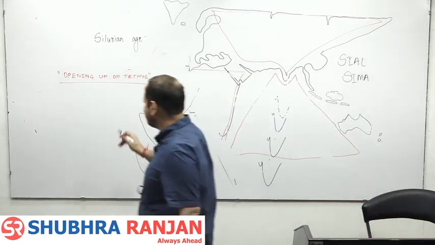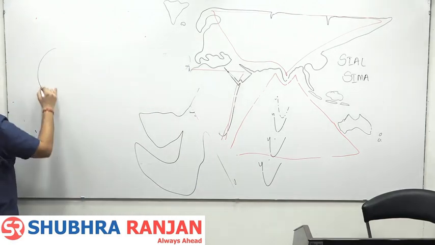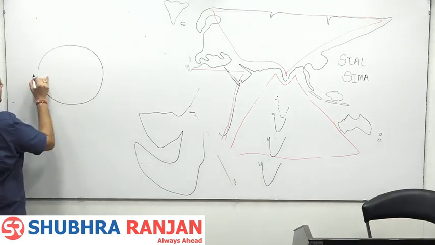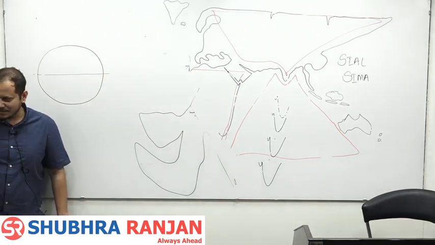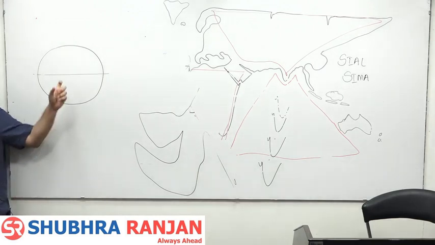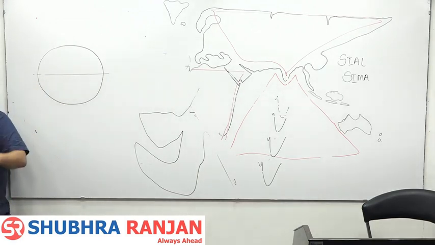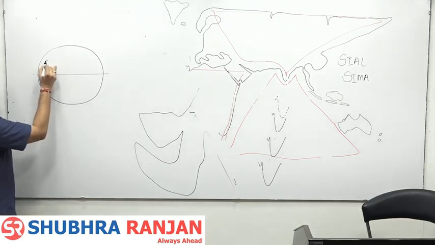What is the equator? An imaginary line dividing the earth into two hemispheres, or forget hemispheres, the imaginary line that divides the center of the sphere. So how can the equator change its position?